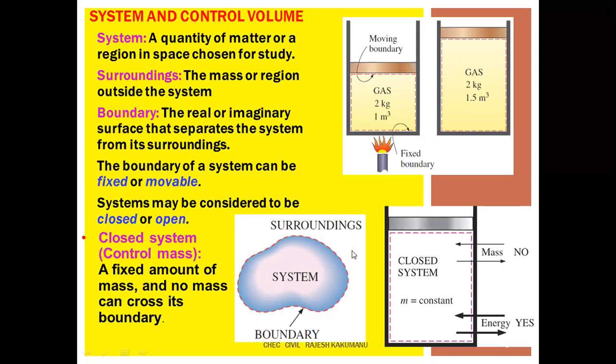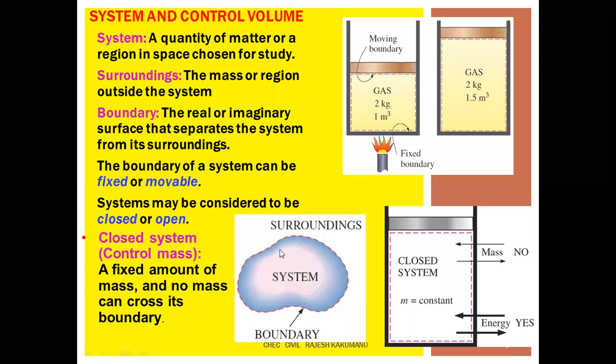Just mark some place as the system; what is outside it, we are calling the surroundings. In between the surroundings and the system, what we place is a boundary. By definition, the mass or region outside the system is known as the surroundings.